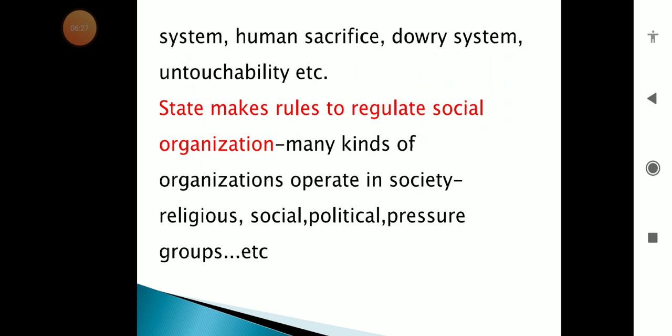Next, the state makes rules to regulate social organizations also. Whatever social organizations we have, political organizations, economic organizations, pressure groups, all those organizations are regulated by the state's rules. So many kinds of social organizations operate in our society, and who makes the rules for that? It is the state that makes rules.